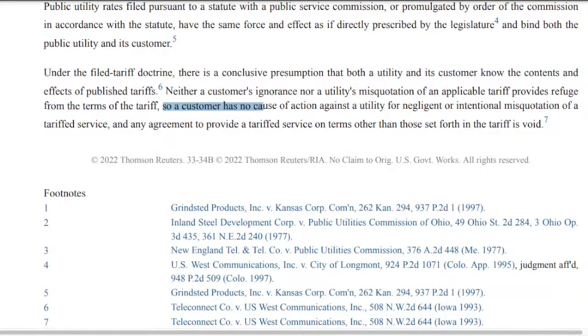So a customer has no cause of action against a utility for negligent or intentional misquotation of a tariff service. And any agreement to provide a tariff service on terms other than those set forth in the tariff is void. Powerful language on that last sentence, guys.